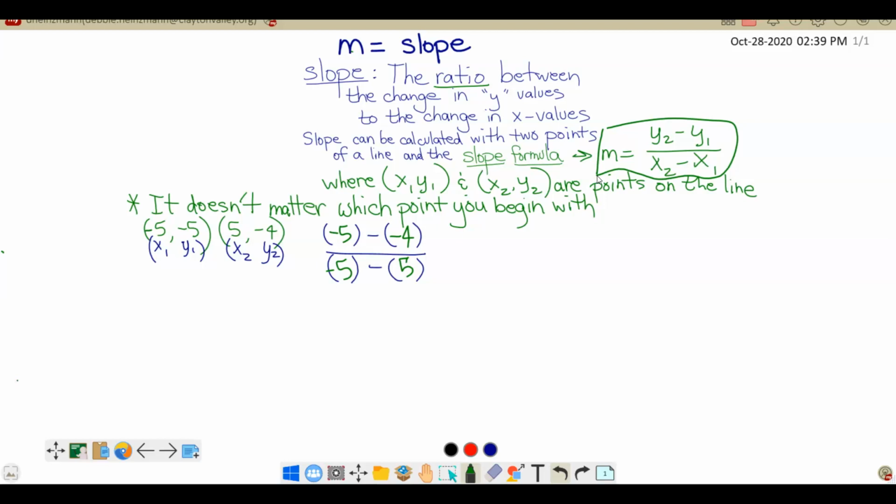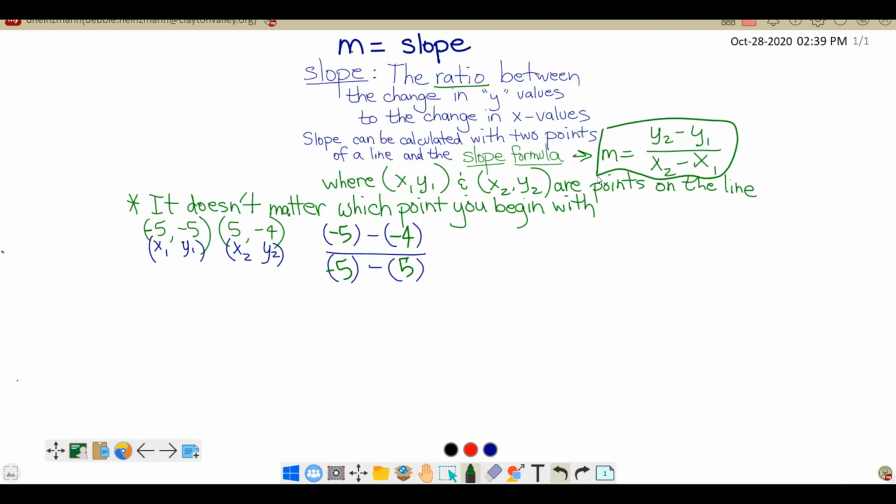So let's use the green line first that we saw in Desmos. Here are the 2 points on this line. If you're brand new to this, I suggest that you label the points. I labeled them x1, y1, and I labeled these x2, y2.